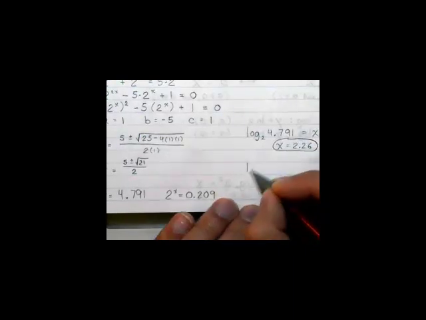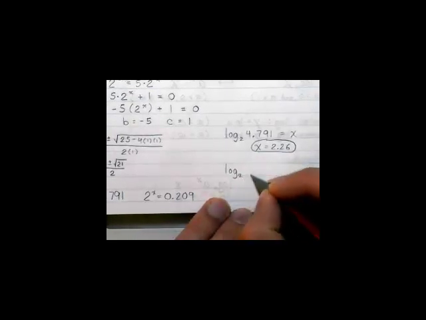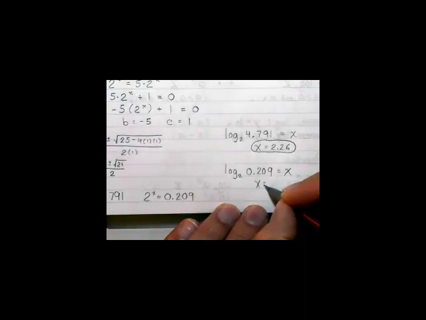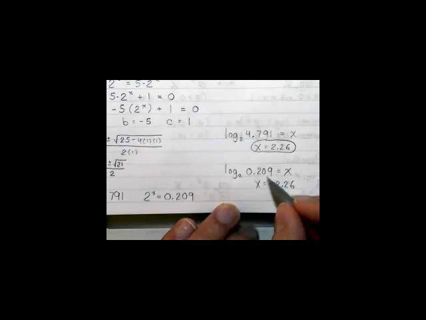And then the other one that I had, log base 2 of 0.209. So if I do log of 0.209 divided by log 2, negative 2.25. Or I guess negative 2.26. So those would be your two answers then for that one.